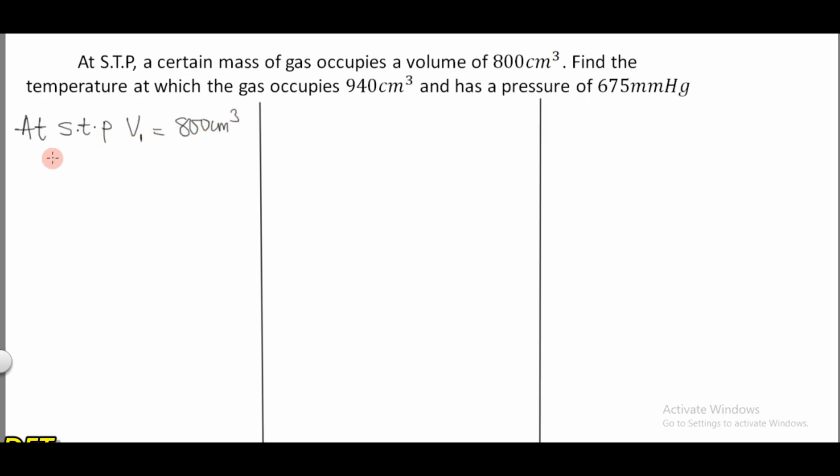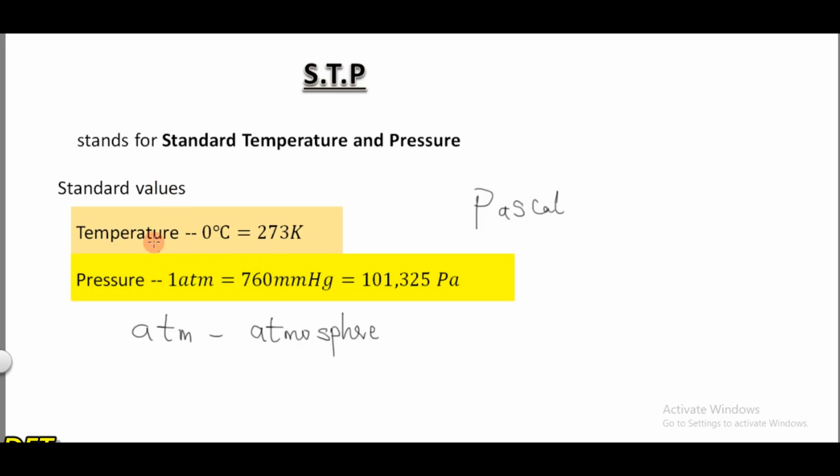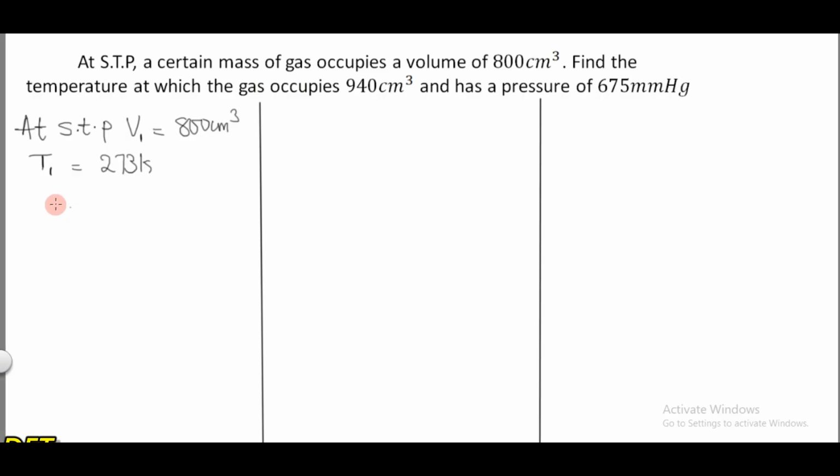Our standard temperature, which will be our T1, is 273 Kelvin. I mentioned that before, that standard temperature is equal to 273 Kelvin. Then our standard pressure, which will be our P1, is 760 millimeters of mercury.